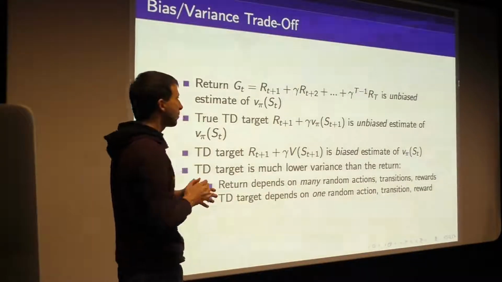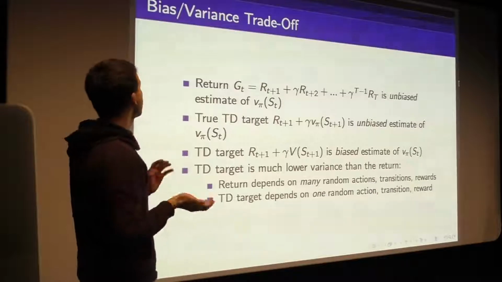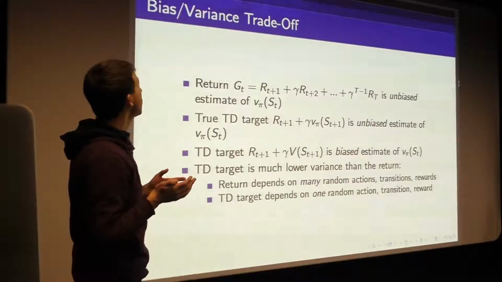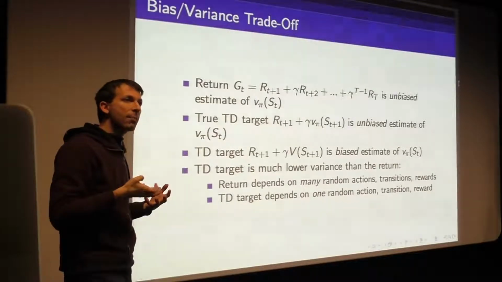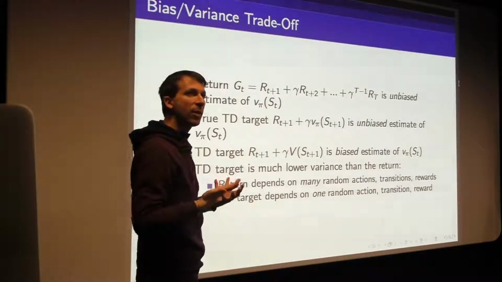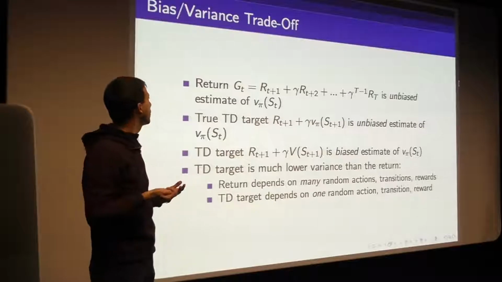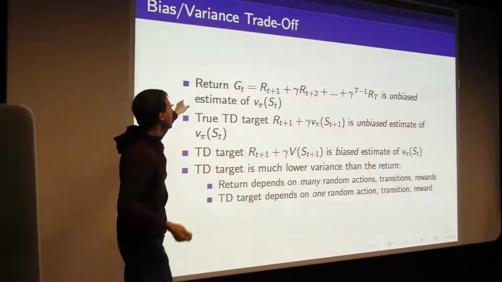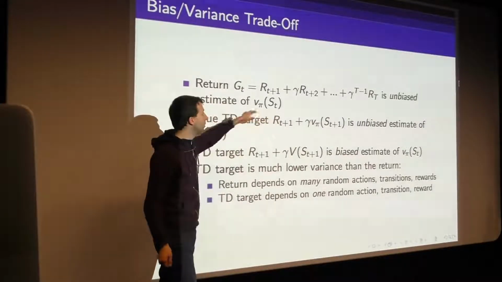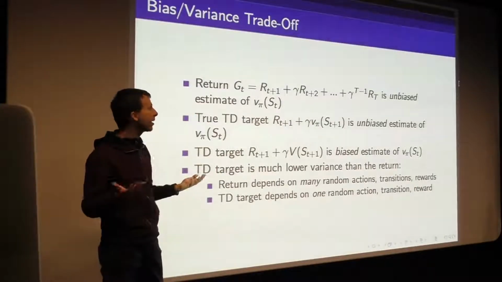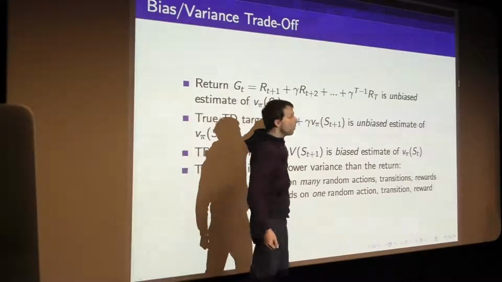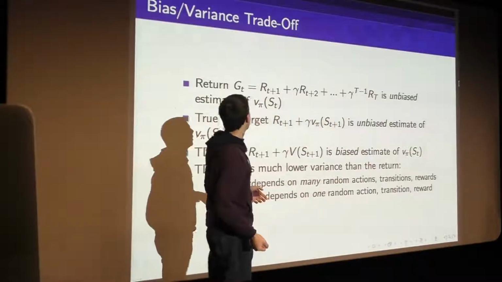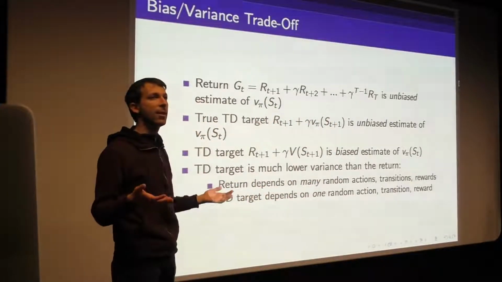Okay. So we're trying to understand the pros and cons of TD compared to Monte Carlo. One other issue which comes up, which is a major difference between the algorithms, is this bias-variance trade-off. In Monte Carlo, we just use the whole sequence of rewards that we actually sampled from our MDP, the return, and that's an unbiased estimate of the value function.